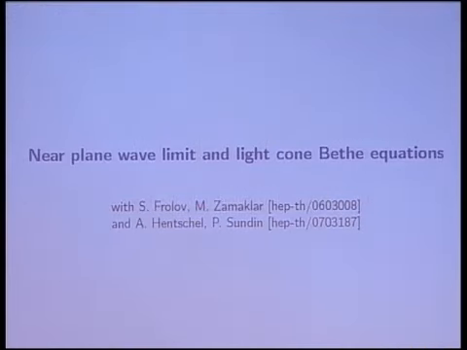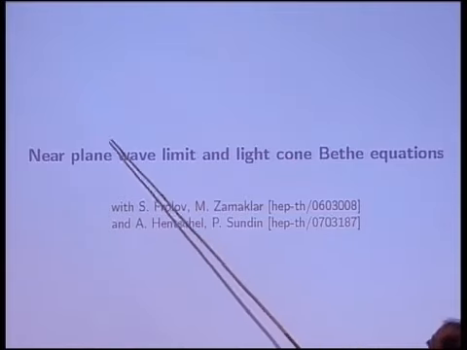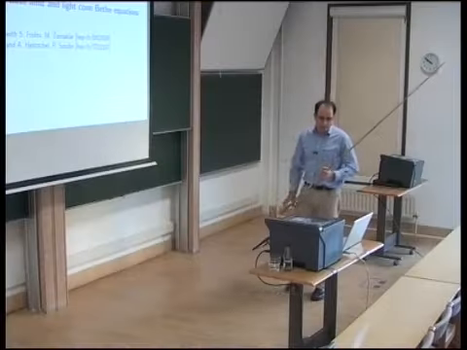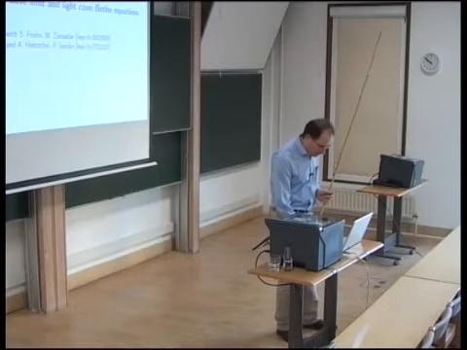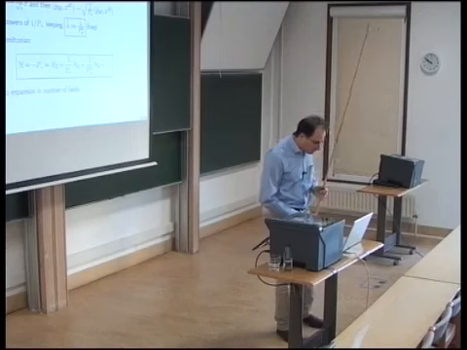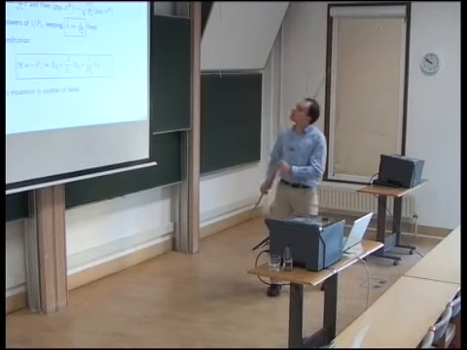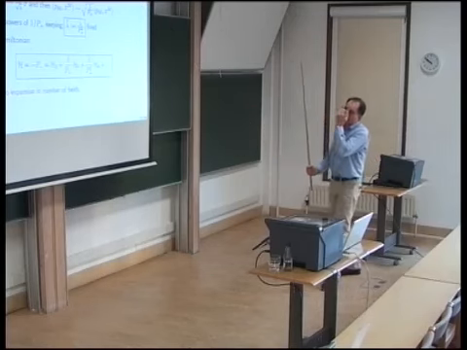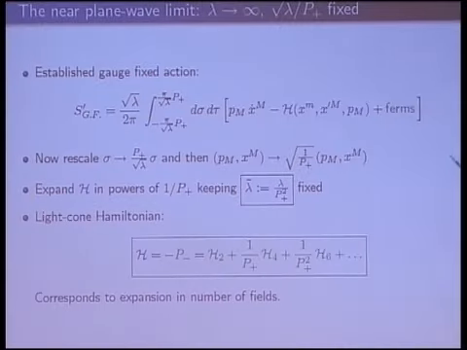And that's going to be now the second part of my talk. So, taking the near plane wave limit of this expression and confronting it with beta equations. So this is how far we got, plus fermions again, and I don't want to be too explicit here.